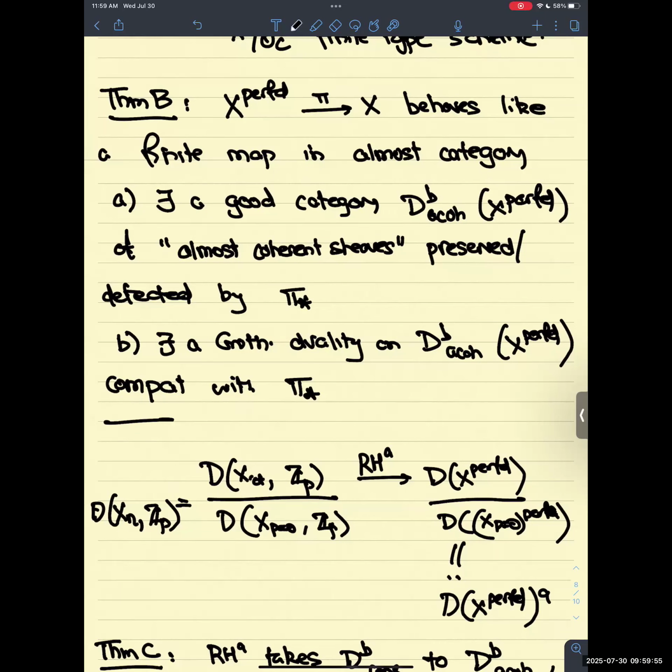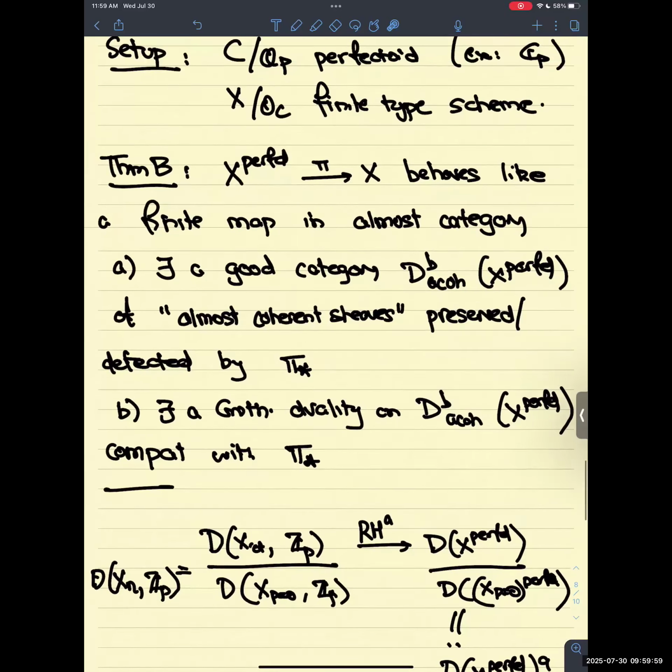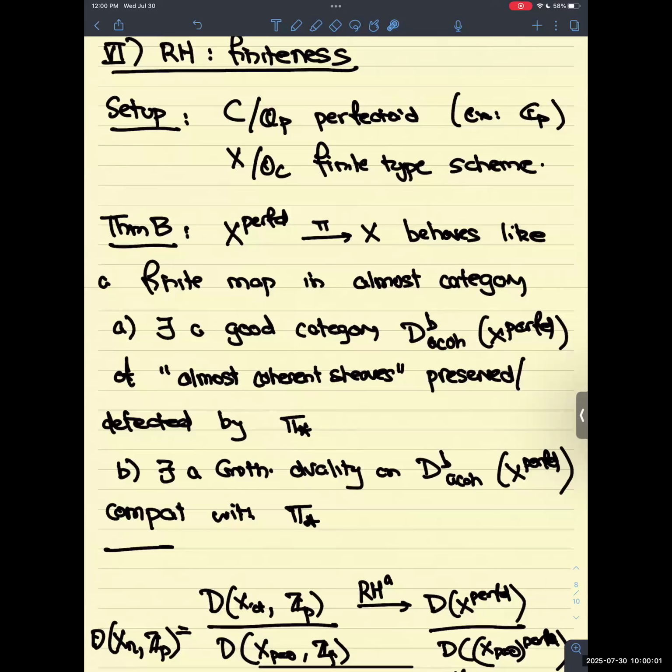Is that definition using something about the geometry of this X^perf, or it's totally general? It's using a tiny bit. It's using the fact that X is a finite type scheme. So the finite type assumption on X over O_C allows you to write down a good perverse t-structure on X. And I'm essentially declaring the perverse t-structure to be the unique t-structure such that pi lower star is left exact.